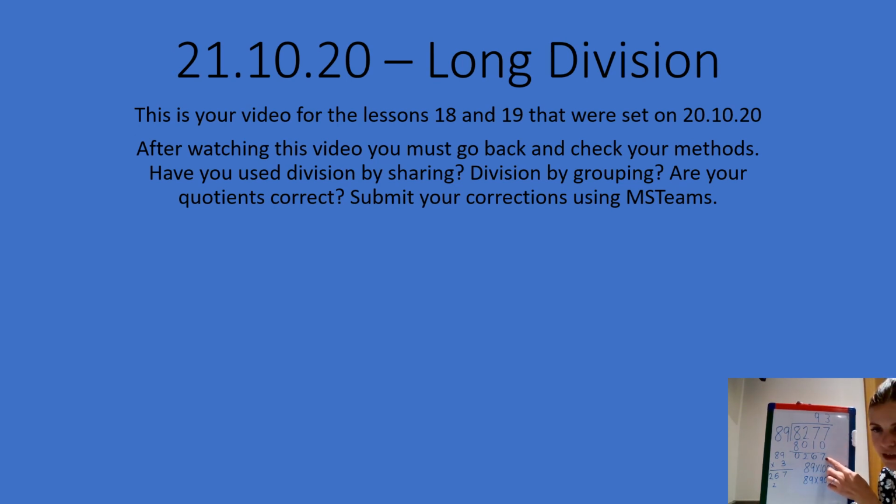Let's see what's left over. So you can choose which method you prefer to use. For dividends where you can divide your divisor by the first 2 digits, sharing is a good method to use. Where you've got a situation like this, when the divisor is larger than the 2 digits in your dividend, grouping is a better method to use.